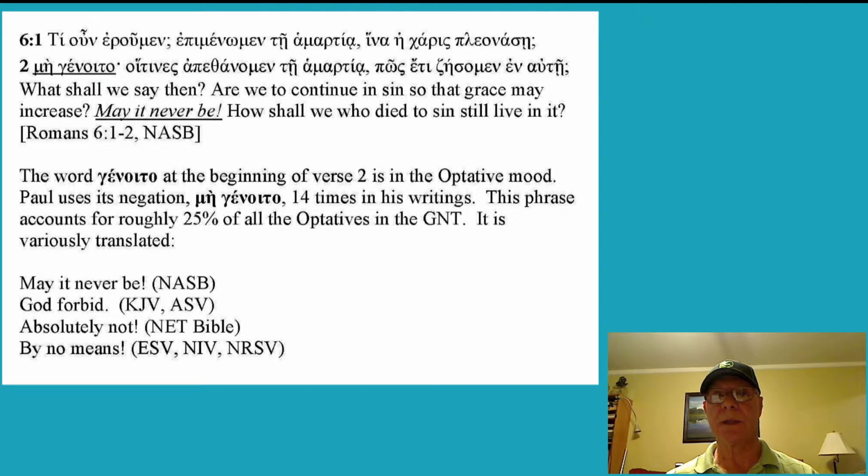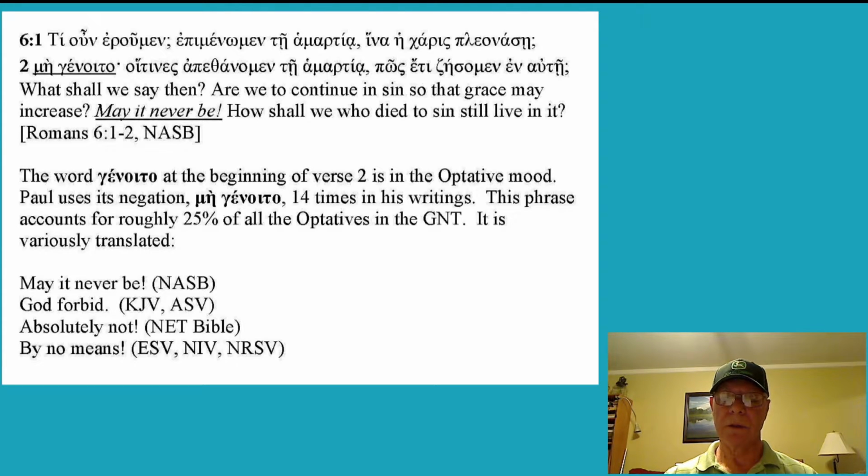It is variously translated, may it never be, from the New American Standard Bible, God forbid, from the King James and American Standard versions, absolutely not, from the NET or New English Translation Bible, by no means from the English Standard, the New International, and the New Revised Standard versions. Paul commonly uses this phrase to strongly reject a false conclusion that could be drawn from his argument.